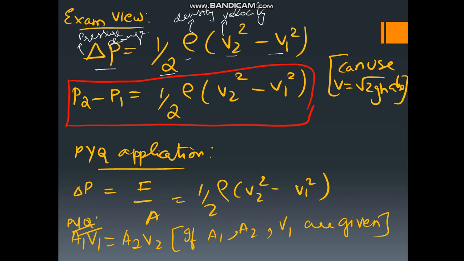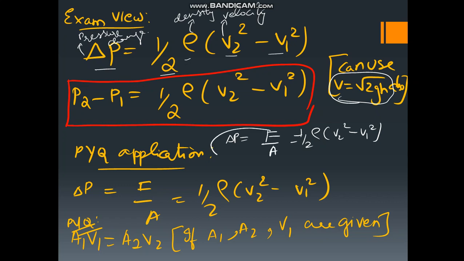You can also use v is equal to root 2gh according to the question. Delta pressure is nothing but force by area, that also you can use.